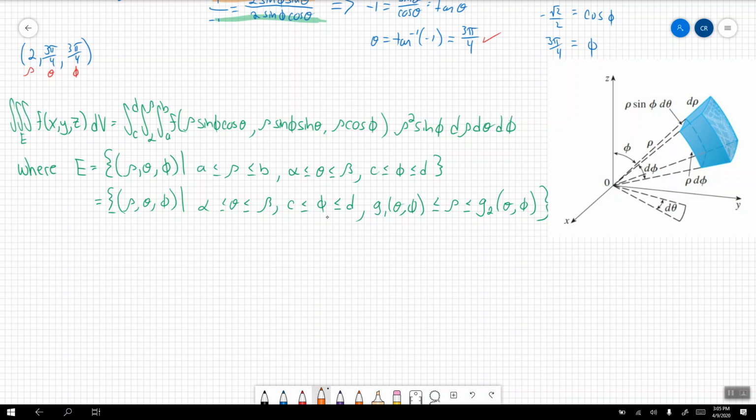Those are these guys, C and D. C could be thought of as this initial angle, the initial angle to where the next angle ends, D. As you're looking at this wedge, it's traversing downward from the positive z-axis, starting at C going down to D. And that's what this says right here, that your angle phi will be bounded between these two angle values. Now theta. Theta in this particular case is the angle that's going to be measured traveling through here.